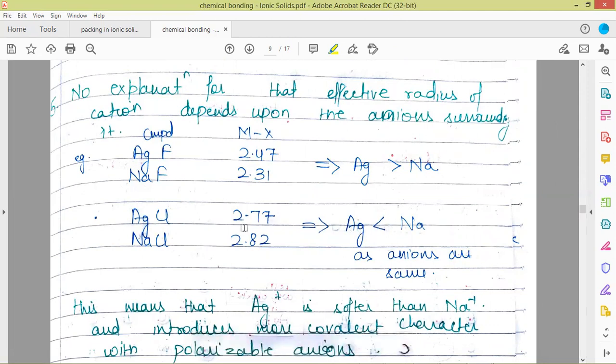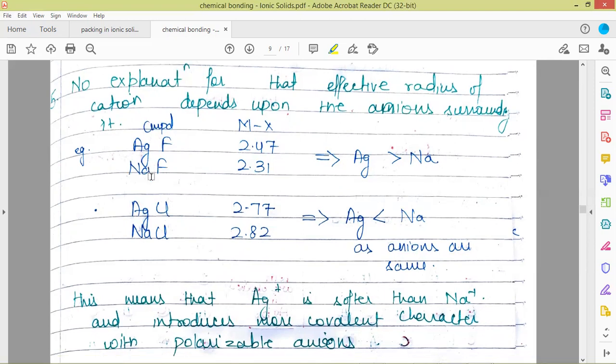But how is it possible if the ionic sizes are fixed? If these ionic sizes are considered as solid spheres, how is it possible that the size of the cation is dependent upon the nature of the anion? So from here we can say that the nature of the anion is deciding the size of the cation.